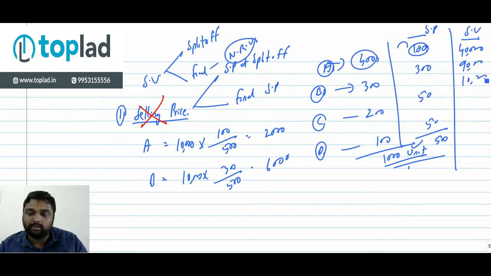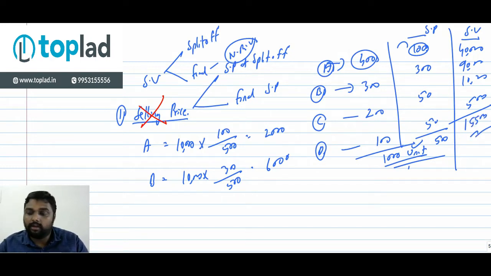Here 10,000. Here 5,000. So total, don't worry about the thousands being zero. So let us make it 40, 90, 10, and the total is 1 lakh 55, that is 155.